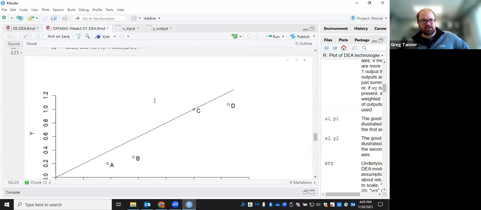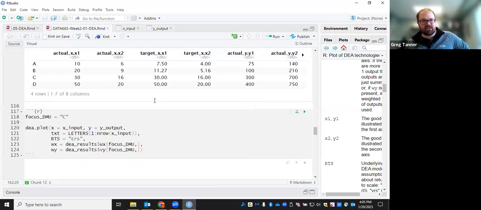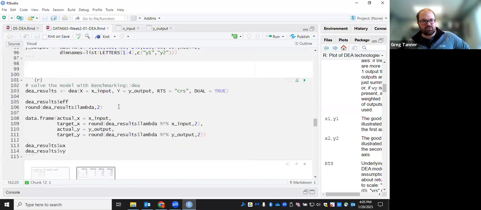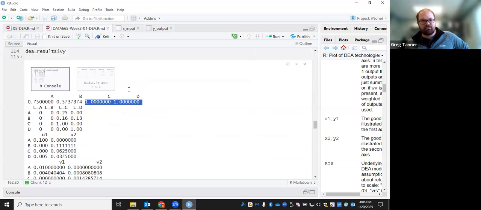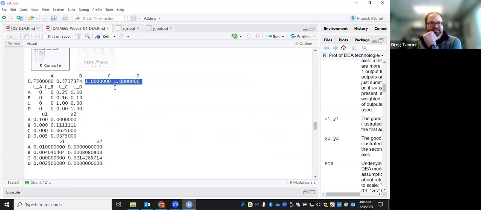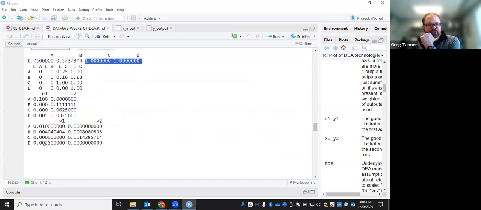Contrasting that to what was up here in our two input, two output model, we had that both C and D were efficient. But what you'll notice is that C put all of its weight or importance on output one, and none of it on output two.